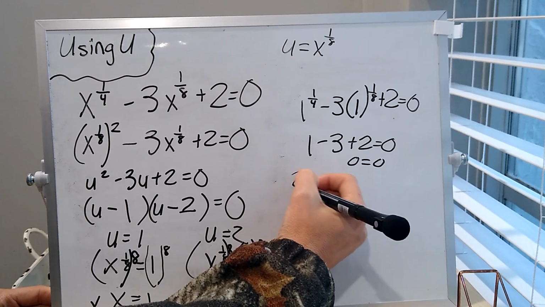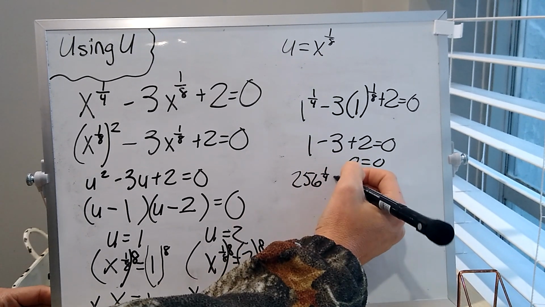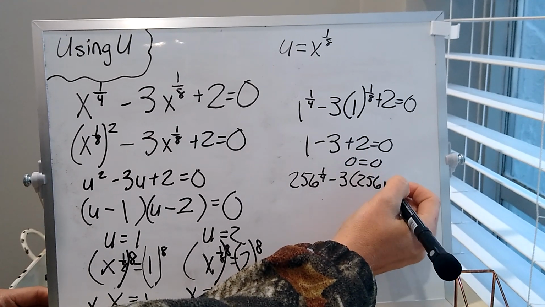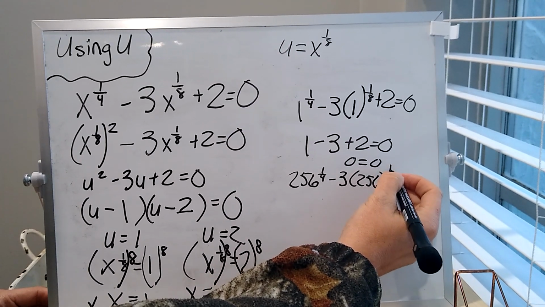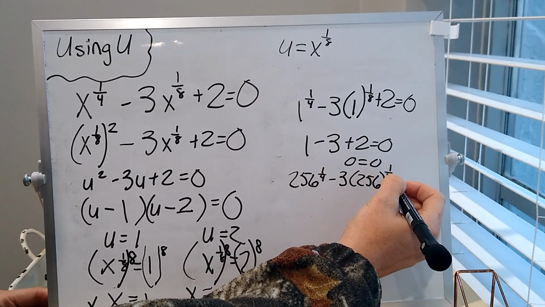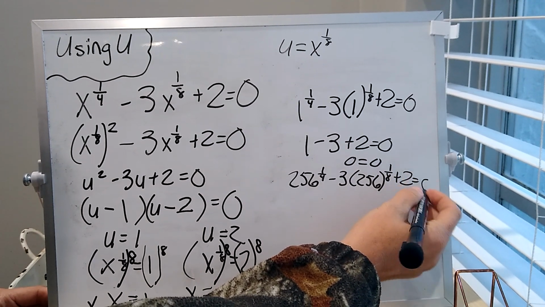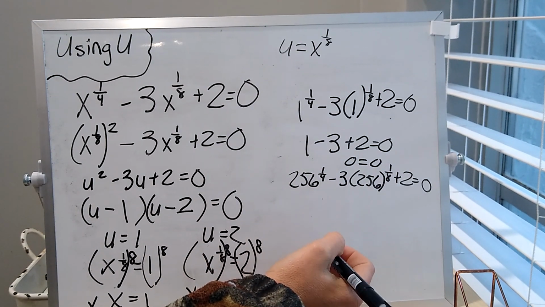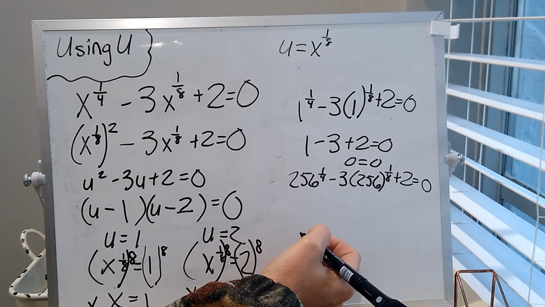Now let's try 256. One thing you need to remember with fractional exponents is what they can turn into. What can a base with a fractional exponent turn into? I'm really hoping that you're thinking of a radical, because you really need to remember that in order to do a lot of these math problems.